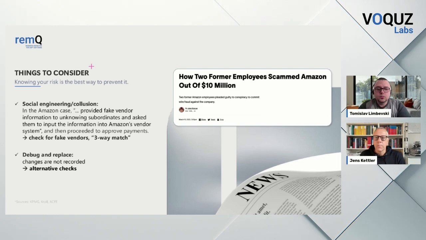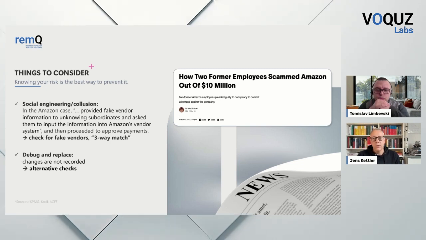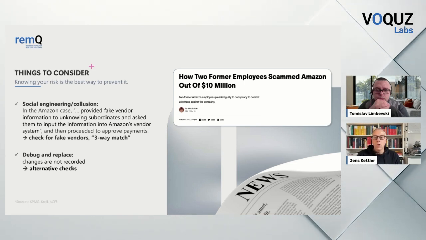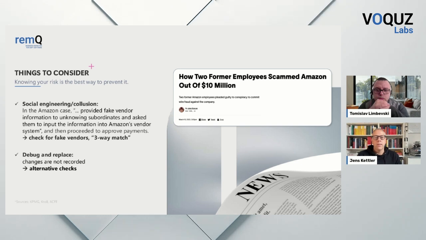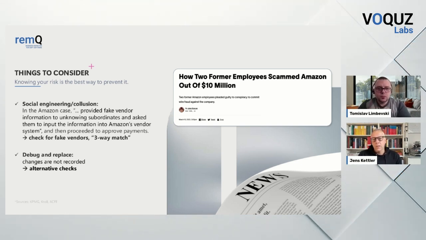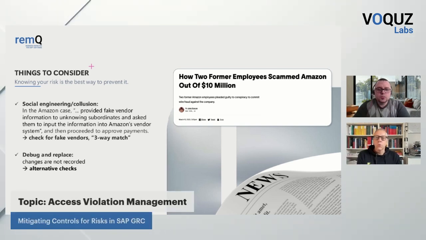I mentioned it's not complete, and here are two very specific things on violations of segregation of duty. Sometimes it's not so easy to detect, because of collusion, that means two people working together, or maybe you can say involuntary collusion, where some sort of social engineering can be used. There was a case at Amazon, the online retailer, where a manager instructed someone in the team to create a vendor.